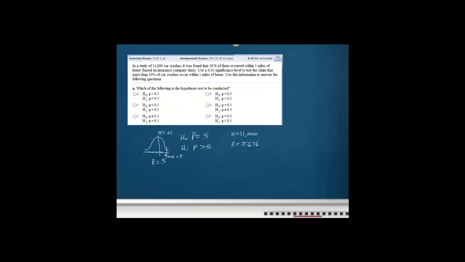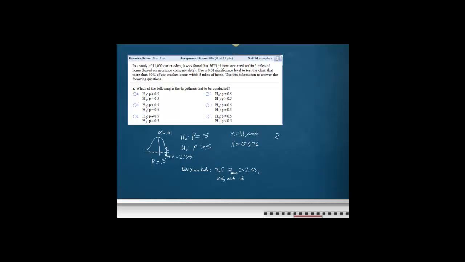So this z critical value is 2.33. And we'll state here as a decision rule: if our z-test value is greater than 2.33, we should reject the null hypothesis. We would reject that the population proportion is equal to 0.5 and conclude that it's greater than 0.5.